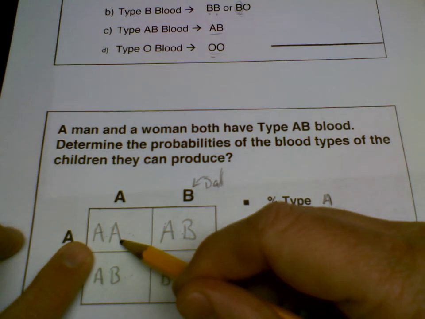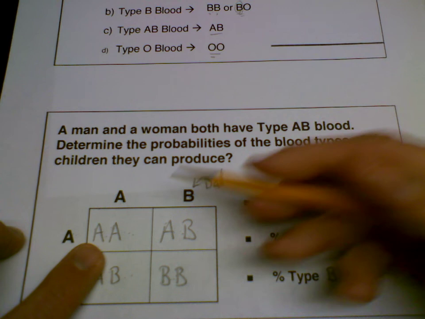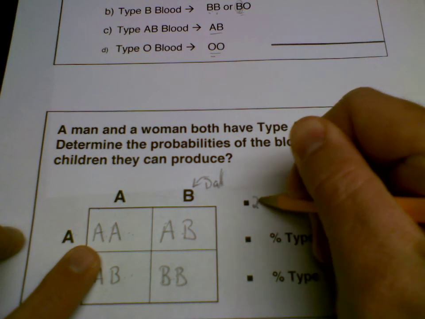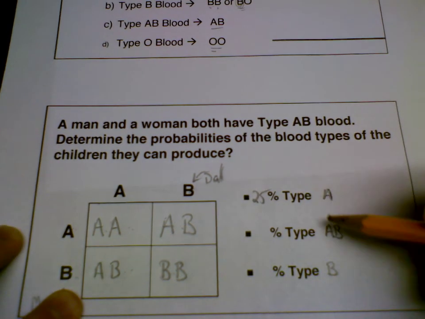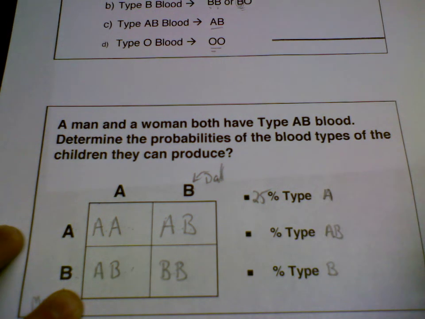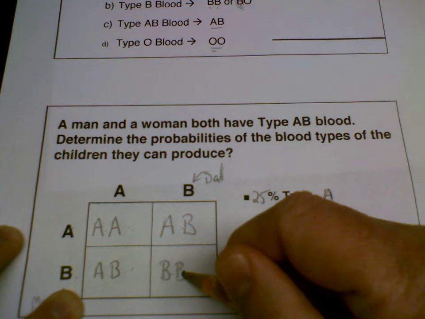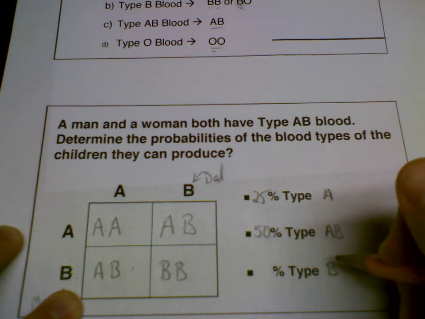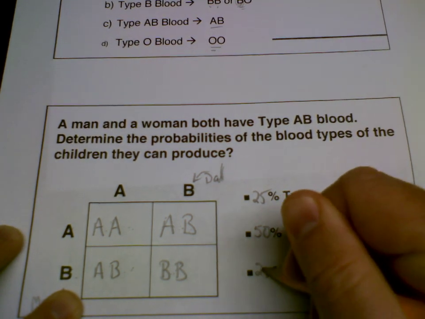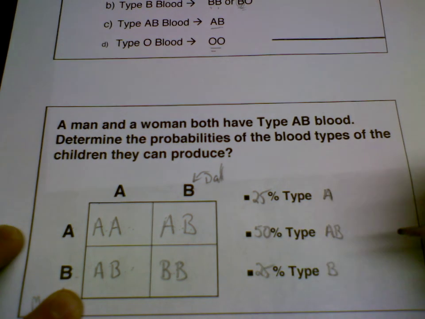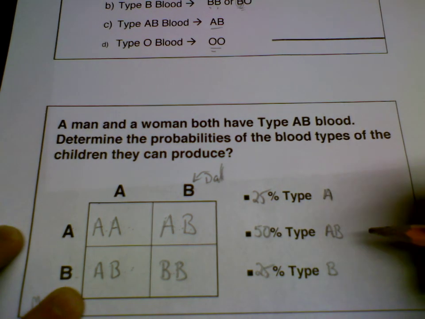This is the only one out of all 4 of these that would be type A blood, so 25%. AB, there are 2 boxes. 25 plus 25, that's 50. And 1 box left for BB, which is type B. And you could figure it out by adding up. They should always add up to 100%.